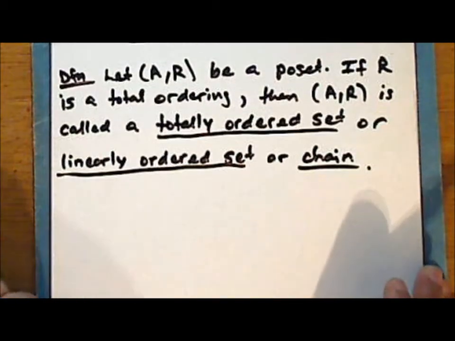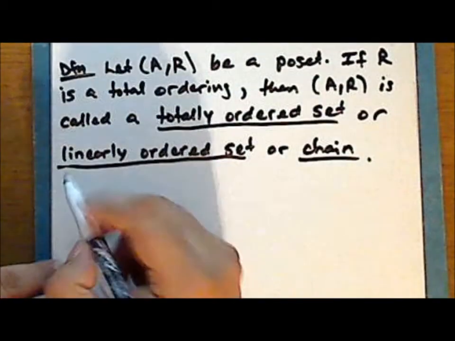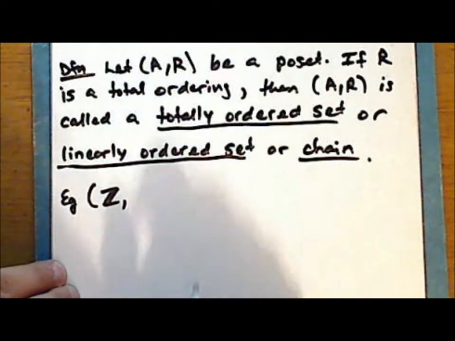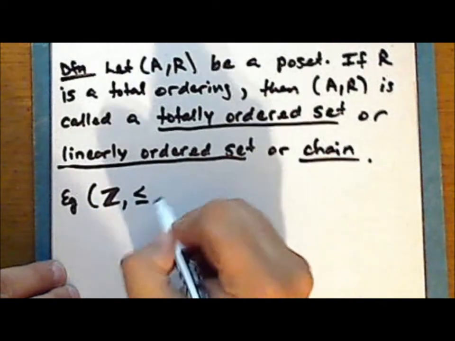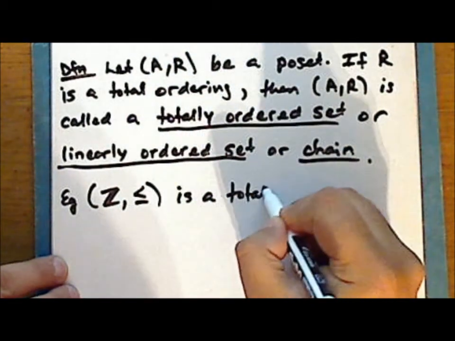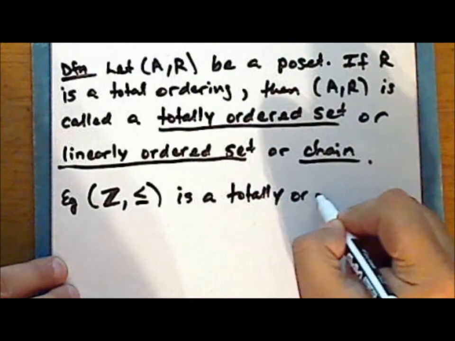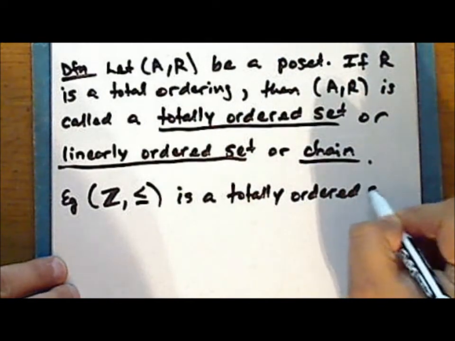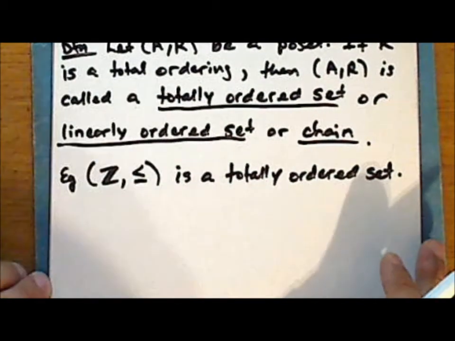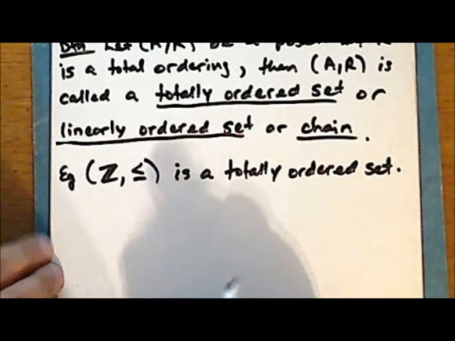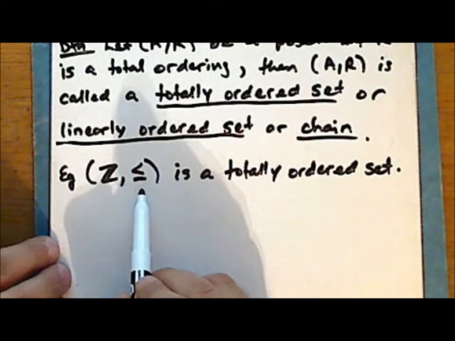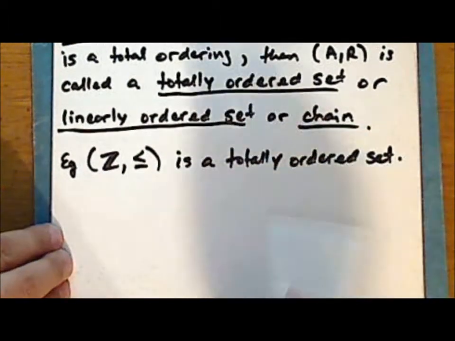All right, so we'll look at an example. The set of integers together with the relation less than or equal to is a totally ordered set. And we'll demonstrate that it is. First of all, we need to demonstrate that the relation less than or equal to is a total ordering on the set of integers.